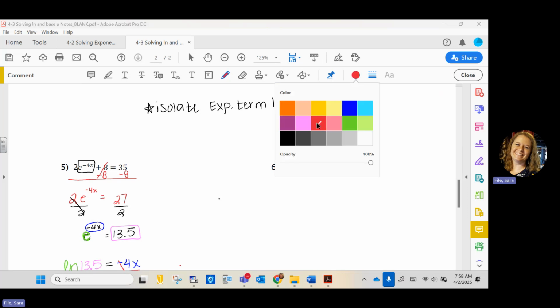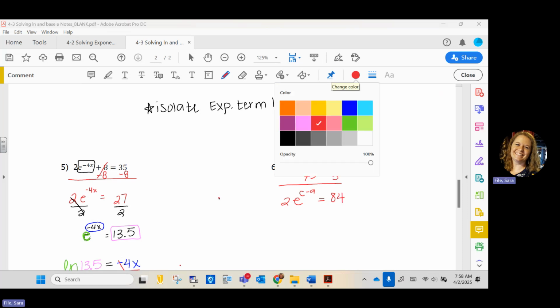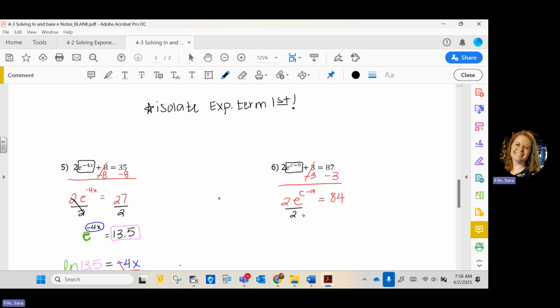So I'm going to move the constant, which is 3, by opposite operation. I'm left with 2 times e to the c minus 9 equals 84. Then I'm going to divide out that coefficient of 2. Now I've isolated my exponential term.